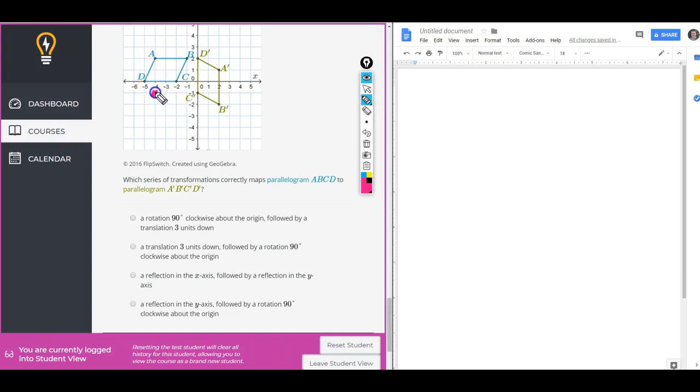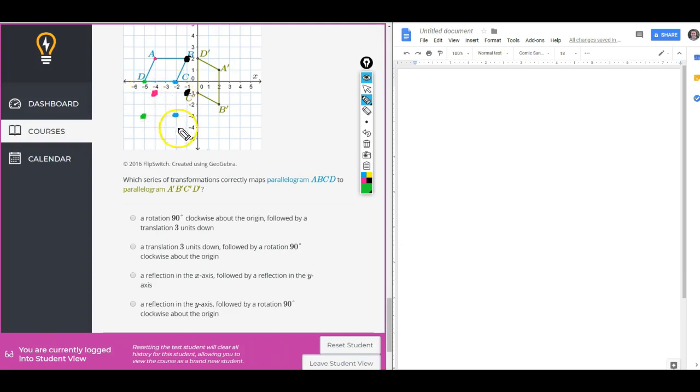So that's where A would be after the translation. B would be 3 units down, 1, 2, 3. C would be 3 units down, so 1, 2, 3. And D would also be 3 units down, so from here it's 1, 2, 3.